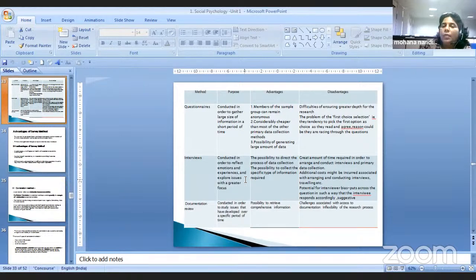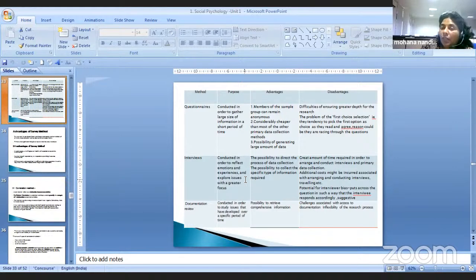They can answer you in an appropriate manner. The possibility of collecting material is very high. But we do have disadvantages. Here, a greater amount of time is required. Not only that, the one-to-one interview is completely primary data collection.